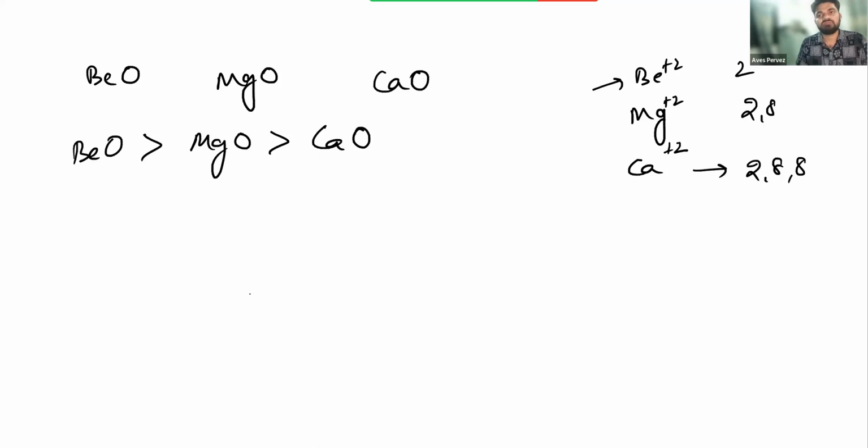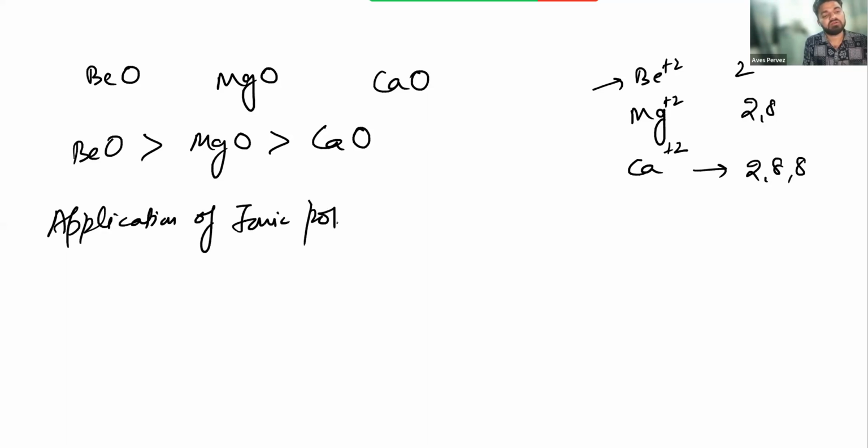Everybody understood? Yes. Now what is the application of ionic potential? We can say that ionic potential decides the chemical behavior of the oxides. It helps in identifying what type of property this metal oxide is going to form.